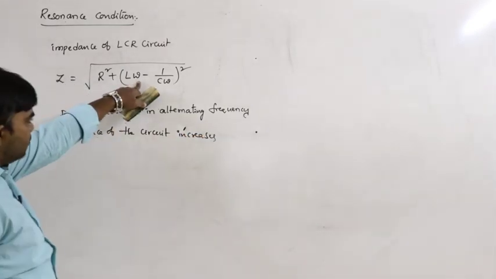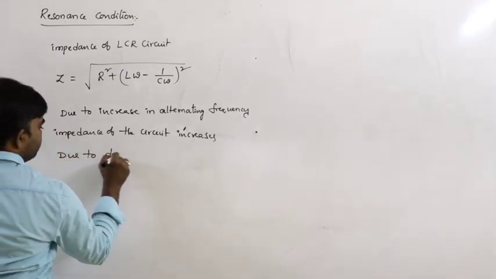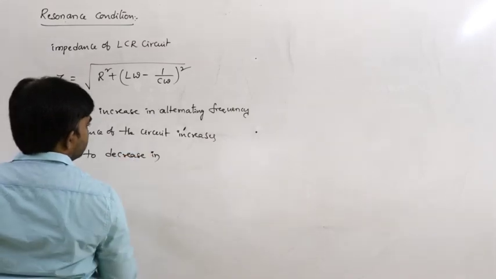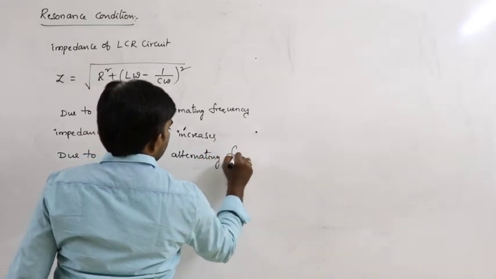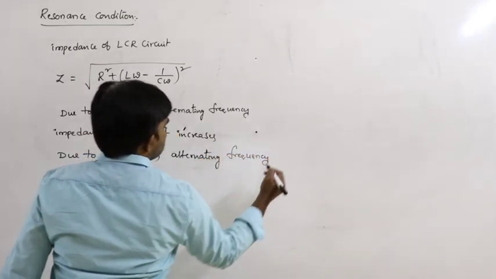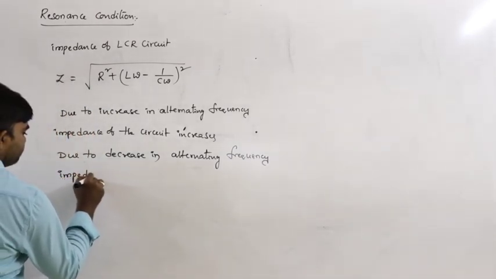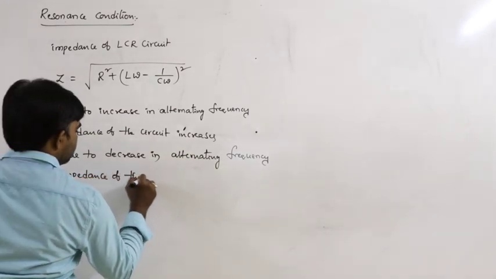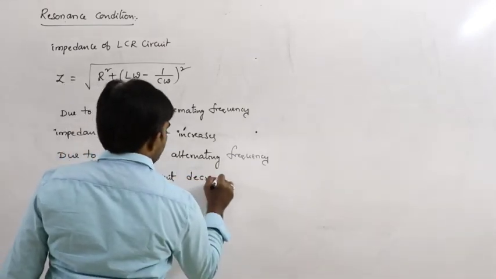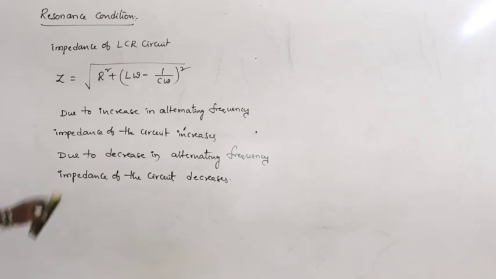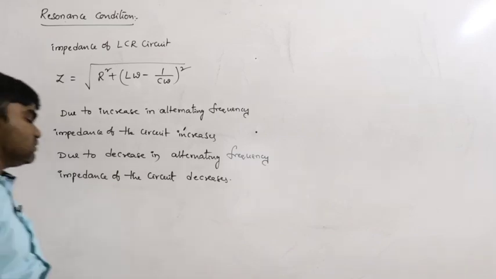Due to increasing the alternating frequency, the impedance of the circuit increases, and due to decrease in alternating frequency, the impedance of the circuit decreases. Due to increase in this alternating frequency, impedance of the circuit increases. Due to decrease, impedance of the circuit decreases.